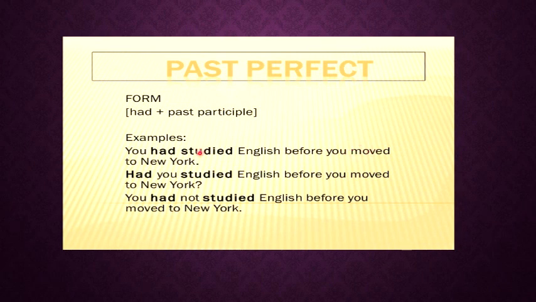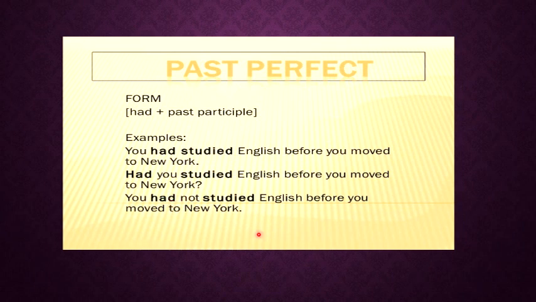Okay, so studied will come in perfect form, had studied. Had you studied English before you moved to New York? This is an interrogative sentence when you put your had before you. Alright? You had not studied English before you moved to New York. This is a negative sentence because we are adding the word not after our helping verb had. Alright?